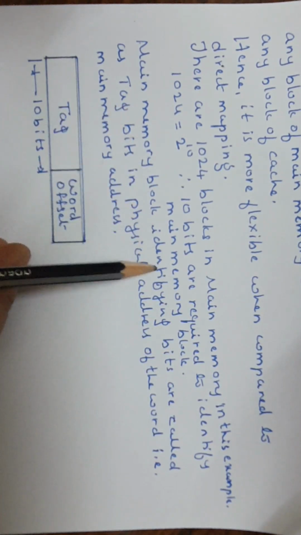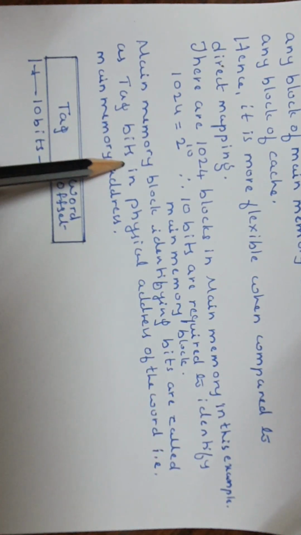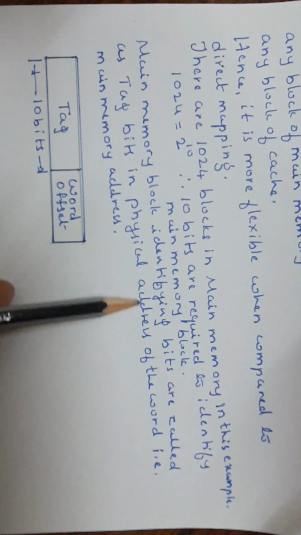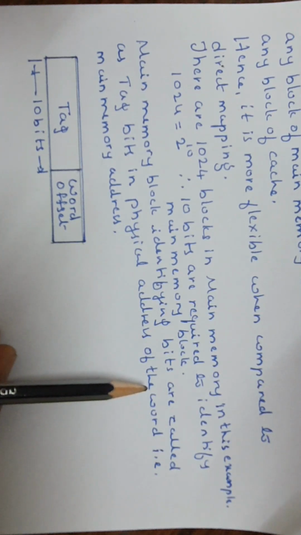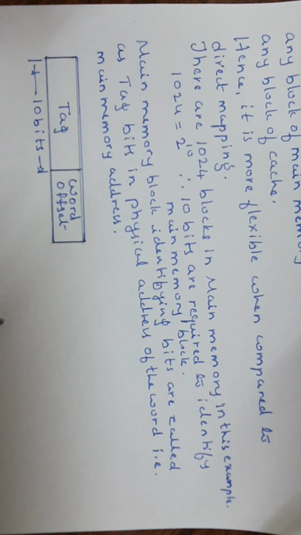So main memory block identifying bits are also called tag bits in the physical address of the word given by the processor. That physical address is given to identify the word which the processor is asking for from the main memory.